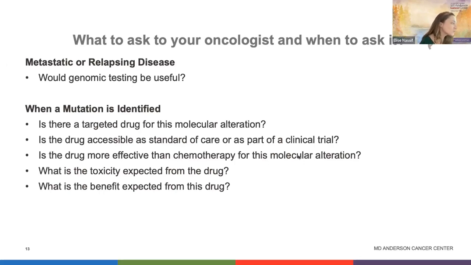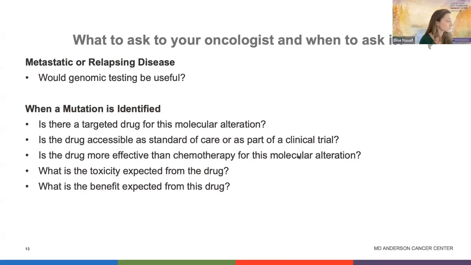When you actually have a mutation identified, then the questions are: is there a targeted drug for that particular molecular alteration? Is this particular drug accessible in the standard of care, or is it only through clinical trials? And is the data concerning that targeted drug showing that it's going to be more effective than chemotherapy for that particular molecular alteration?